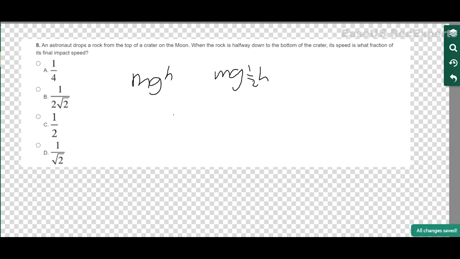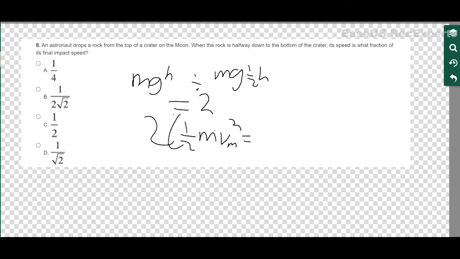So if you were to divide those two, the work done from the top of the crater to the bottom of the crater is equal to 2 times what it is at half of the crater. So essentially you could do this: 1/2 mv squared in the middle, times 2, is going to be equal to 1/2 mv bottom squared.